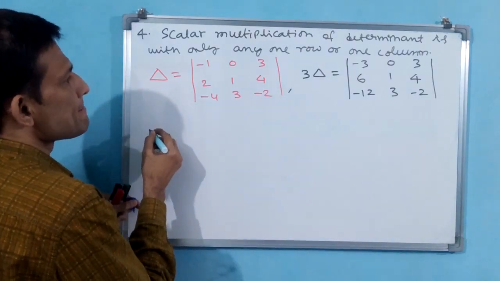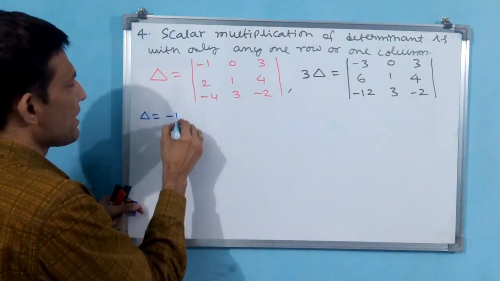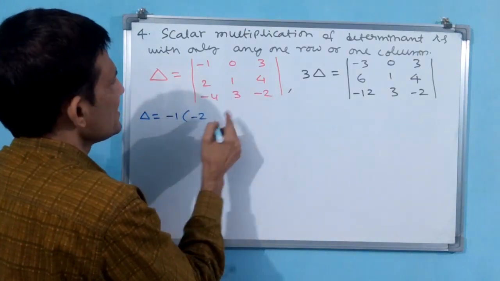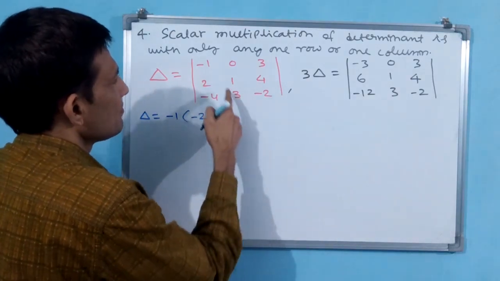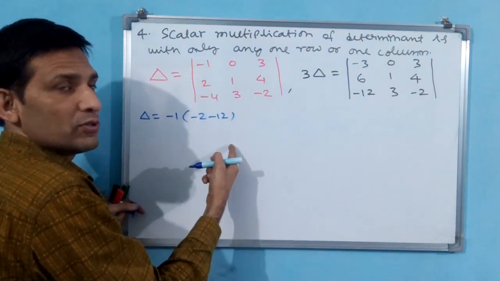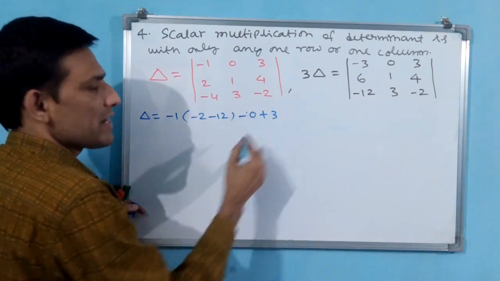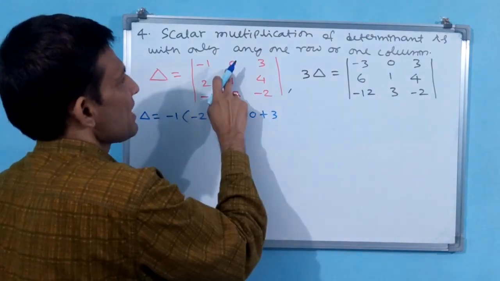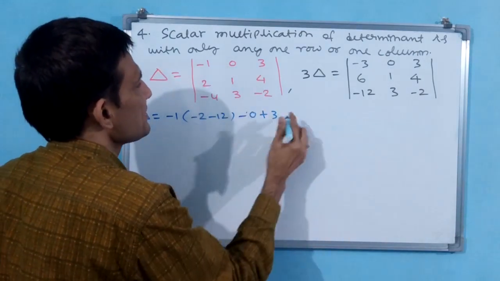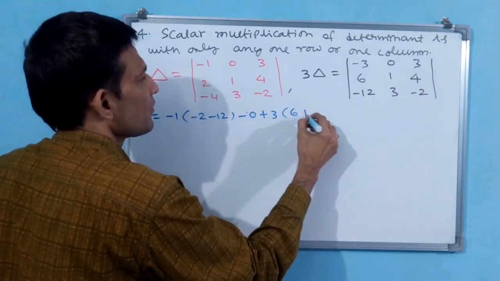Delta is equal to, you see minus is there already, then minus 1 only you take. Minus 2, minus 12. Now 0 is there. You need not take 0, but directly you take plus 3. Or minus 0 plus 3 I am writing for your understanding. 0 into something is 0, that is why I am not taking. Now plus 3 into 6 plus 4.